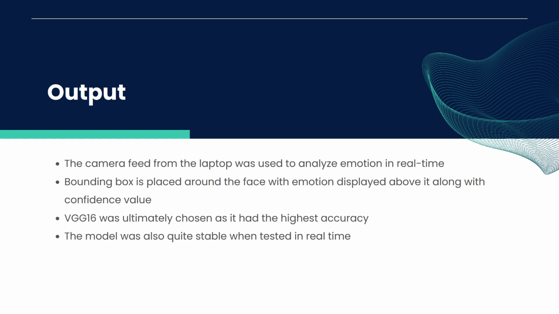In the feed, a bounding box is placed around the detected face with the emotion displayed above the bounding box along with the confidence value. VGG16 was ultimately chosen as it had the best accuracy, and also during real-time emotion recognition, the model was quite stable. So it didn't change or waver too much during the detection phase.